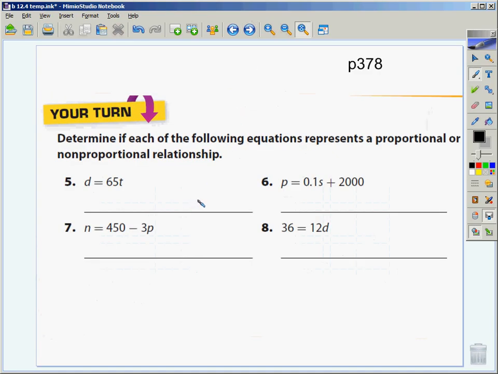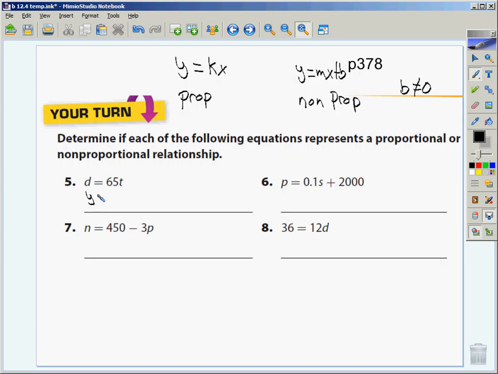When you're looking at equations, remember, to be proportional, it has to be able to be represented as y equals kx. We can also think of it as y equals mx plus b to be non-proportional, so long as b isn't equal to 0, because then it would be in this format.